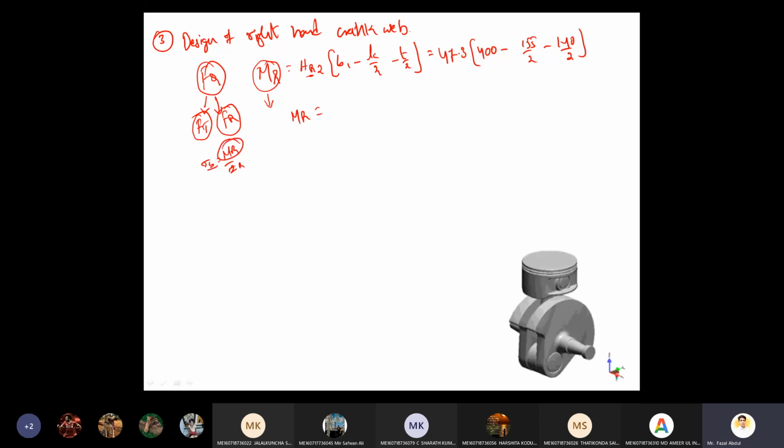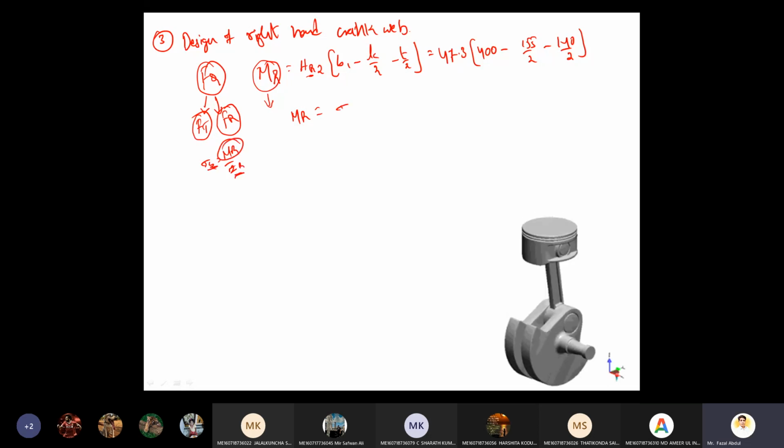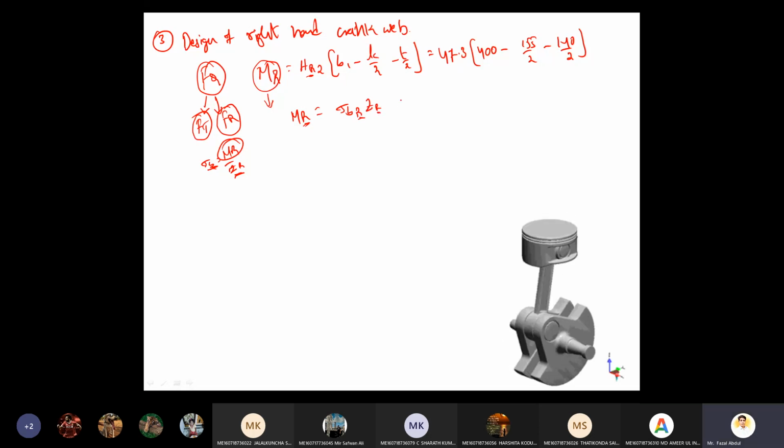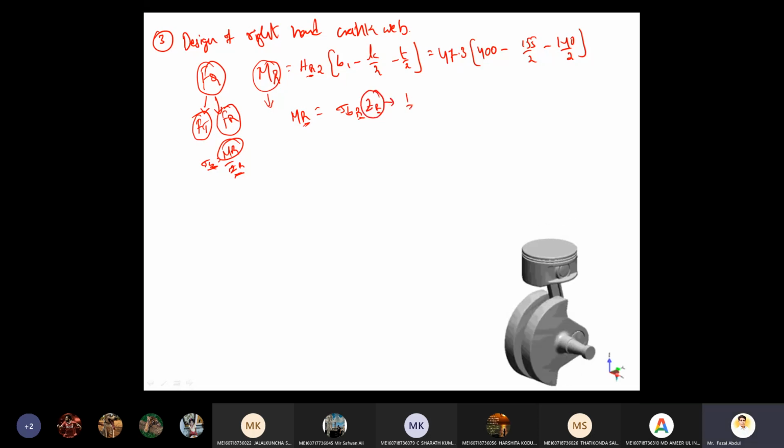Sigma b into section modulus. Sigma b is r because we are calculating radial, so I'm taking sigma b r, meaning bending stress in the radial direction. And Zr means section modulus in the radial direction, that is 1 by 6 into W T square.